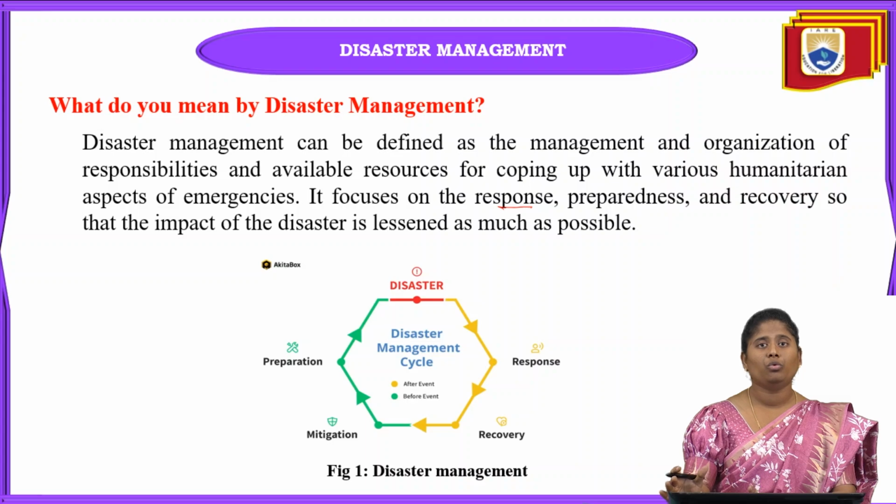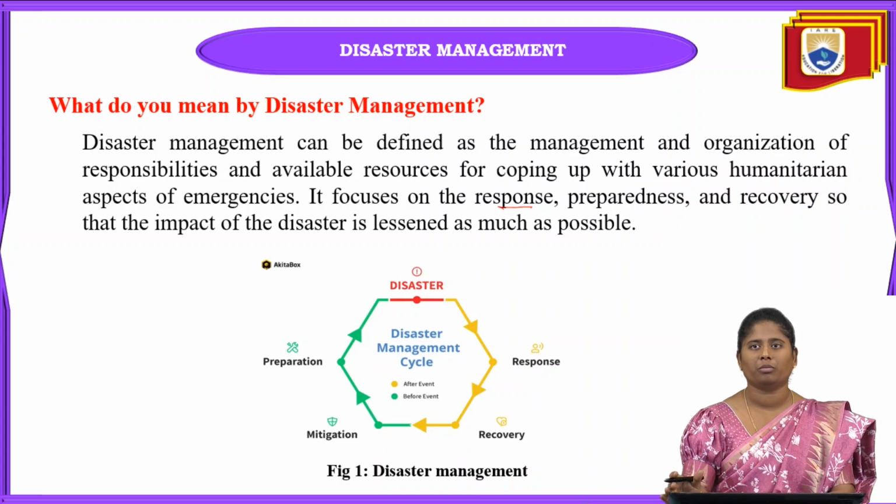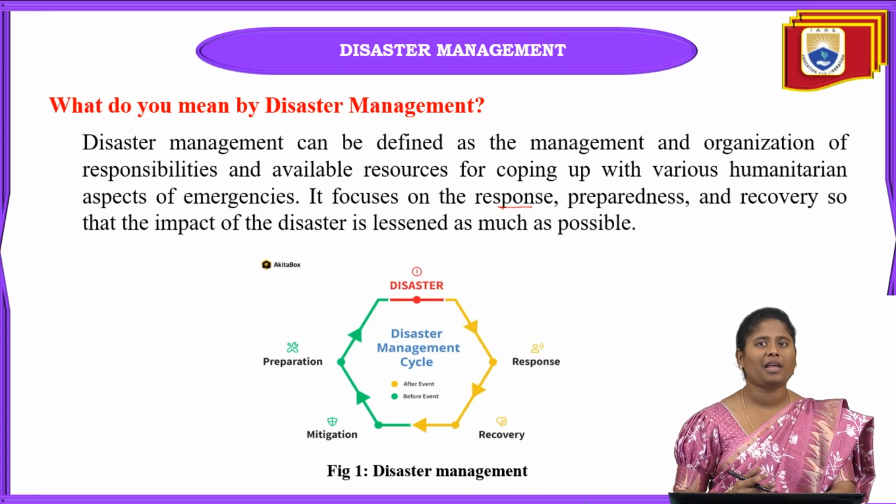By doing these phases of disaster management, the impact of the disaster can be lessened as much as possible. Why? Because immediate action taken during the disaster is very beneficial towards the management of the disaster.